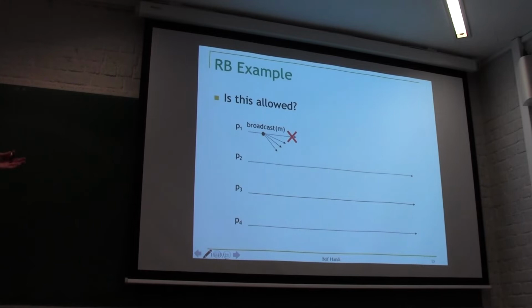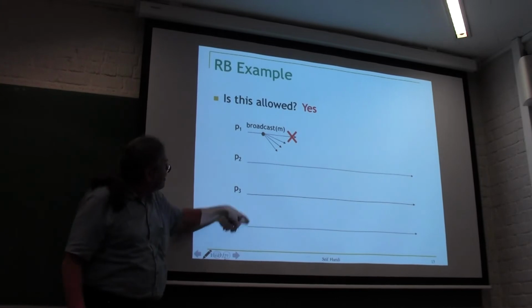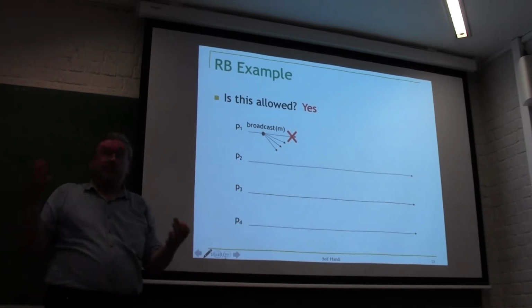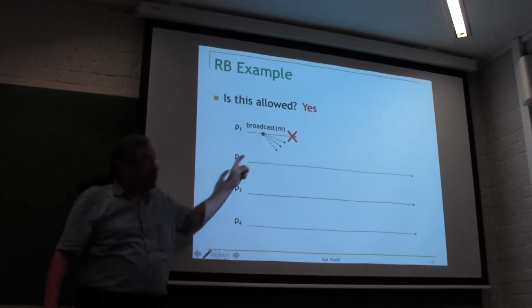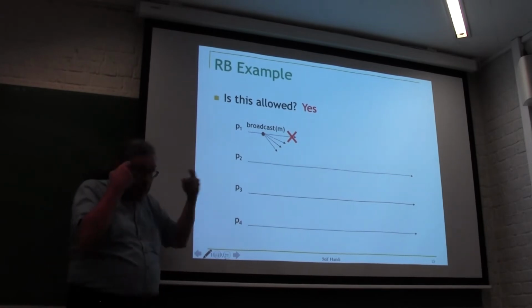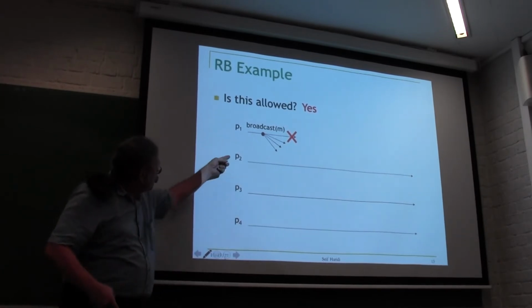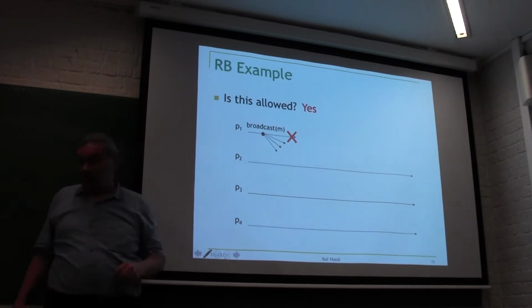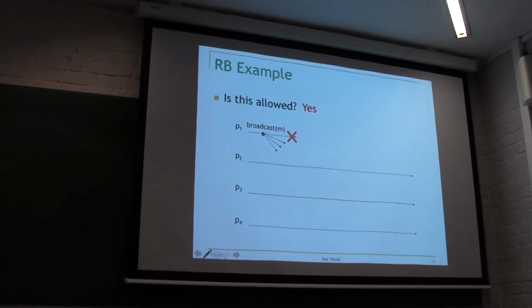So yes, indeed, you see that? The conditions are not constraining us. So that is a correct reliable broadcast. It's kind of a worst case, huh? But at least it's consistent. If P2 doesn't get anything, then P2 can say, I am sure that nobody else got anything either. So they're all in it together, huh? So that seems reasonable, huh?